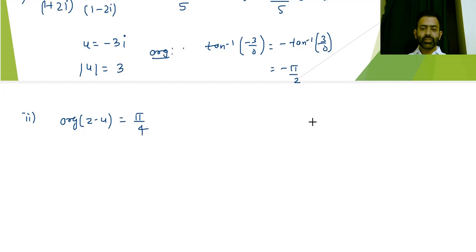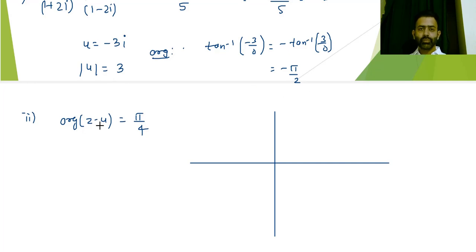So we have a complex plane, like this. Okay. Then we have a point of z minus u, meaning distance of z from the starting point u, right?